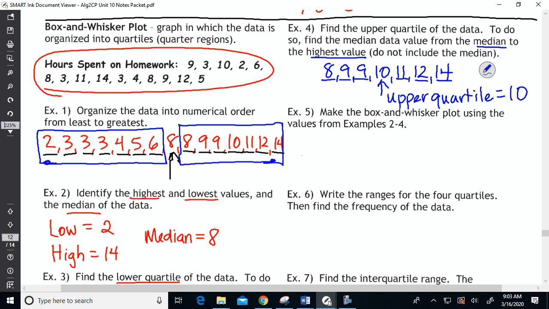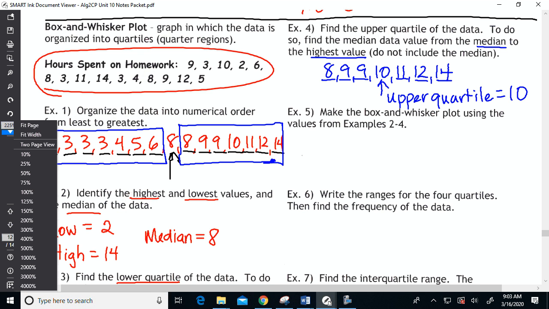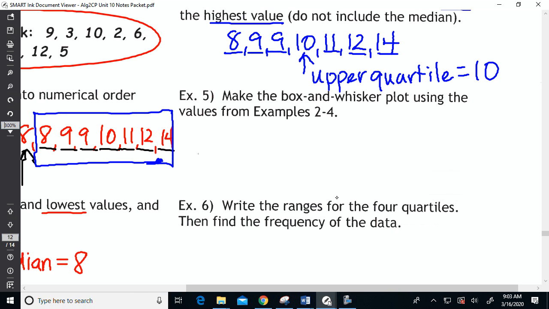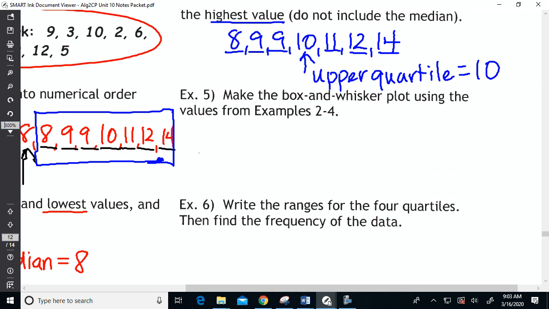So put the data in order, find the highest, the lowest, and the median, find the lower quartile, find the upper quartile. Now you have everything that you need to make your box and whisker plot. So we're going to blow this up for just a moment just to have some room. So to make a box and whisker plot, the first point that you would put is your low number.